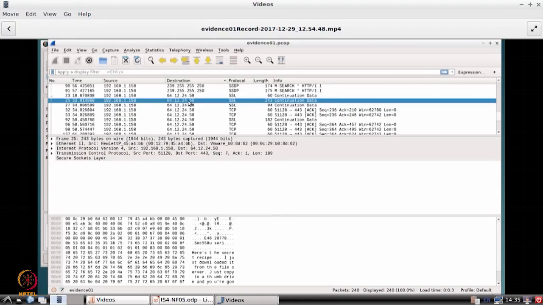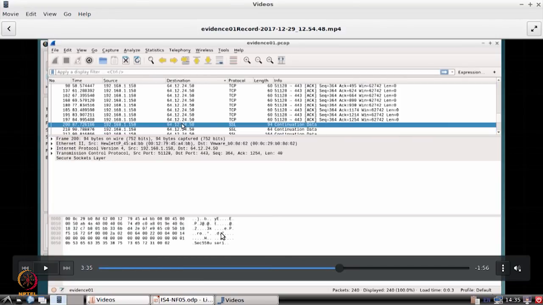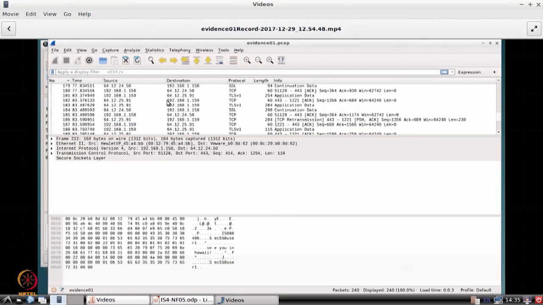If you look at packet number 25 and just click on it, there is something interesting that has come up. It tells you that there is some data there.